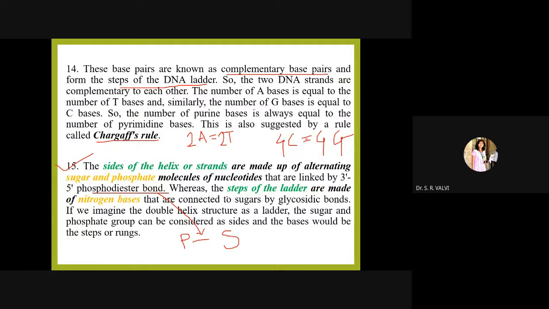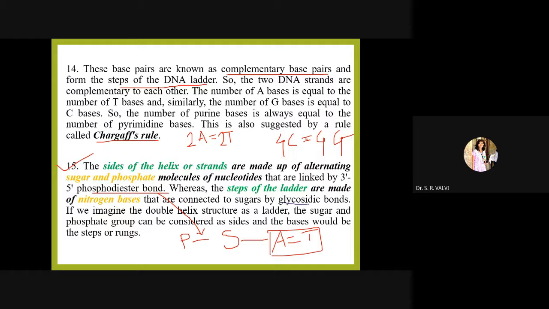Whereas the steps of the ladder are made up of nitrogenous bases that are connected to sugar by glycosidic bond. Now this sugar is connected to whom? Connected to this. Take the example of A and T. This is the nitrogenous base, right? So sugar is connected to this with which bond? Let me change the color. It is connected by glycosidic bond.